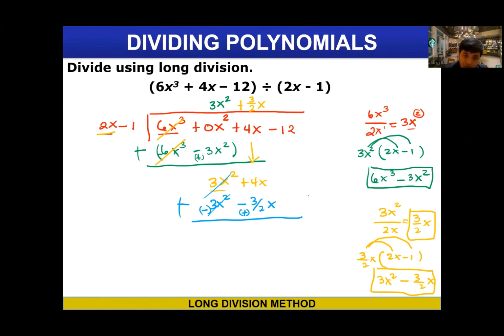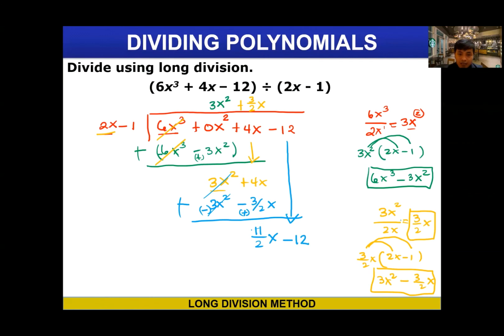We can write this as positive 4 and 3 halves x, or if you want, you can rewrite it in improper fraction form, which is 11 over 2 x. Now bring down 12. So that's going to be minus 12.